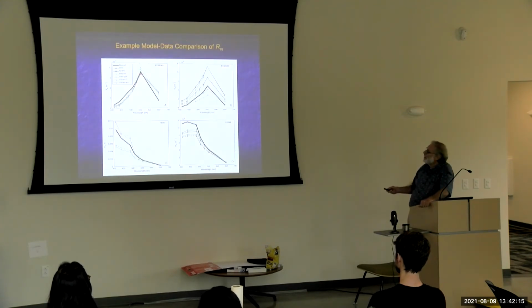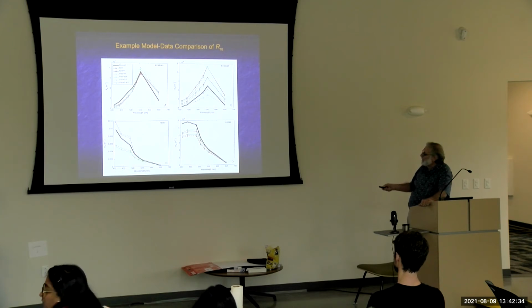Here are some of their predictions of remote sensing reflectances. Some have pretty good agreement, some a lot of spread. Here's Rrs again, and these are different stations. Sometimes very good agreement, but then things were a bit off here in the blue, that's just the way it turned out.